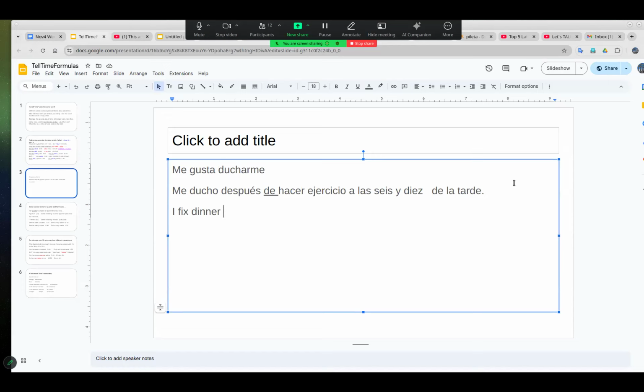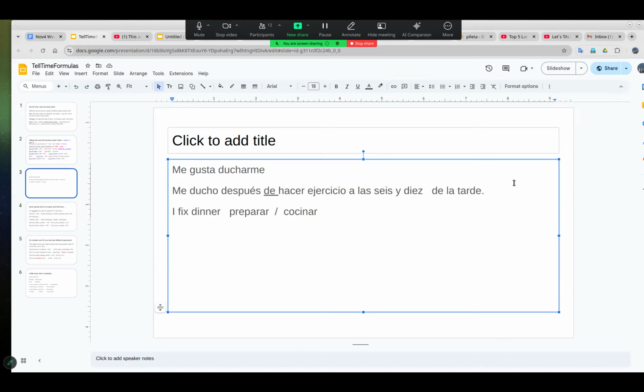The word you probably want is preparar. Or maybe instead of that, cocinar. Those two verbs are used for conveying that idea of that activity. Those would be probably the top two.